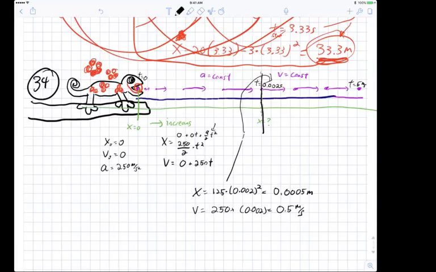Okay? So the initial position at this point is 220 plus 110. It's at 330 meters. The initial velocity is going to be 22 meters per second. The acceleration goes backwards, and it's minus 2.2 meters per second squared.